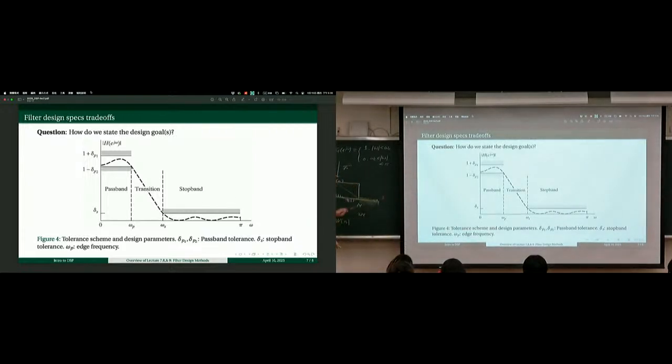With these terminologies, now we can talk about how we want to specify our design goal. What will be our design goal? For FIR design, we have a trade-off between a few parameters.